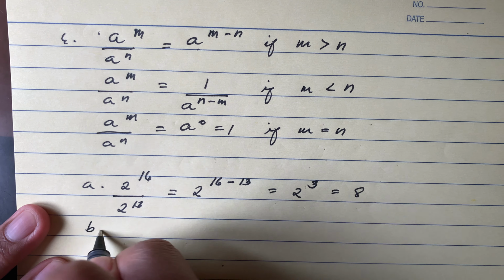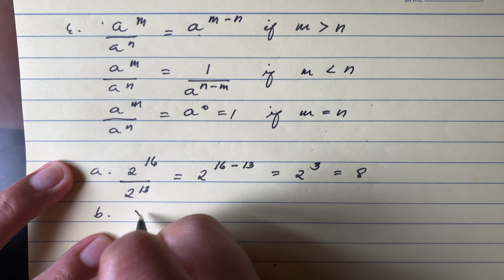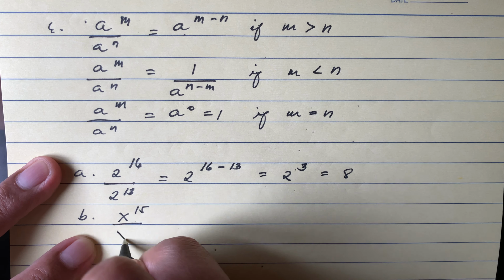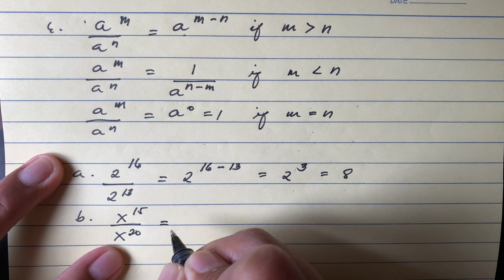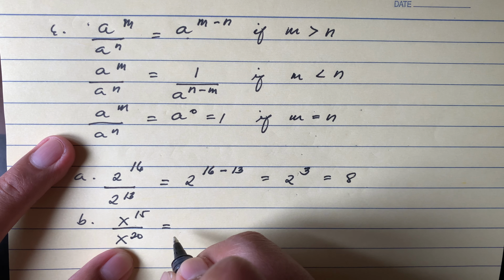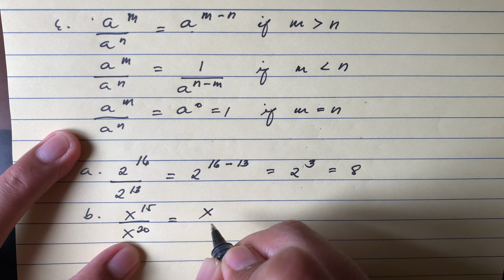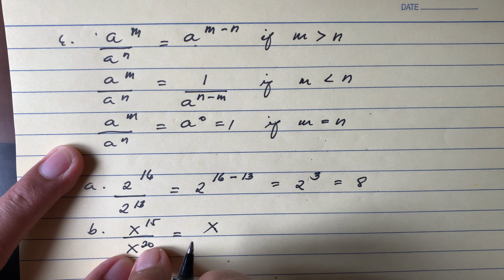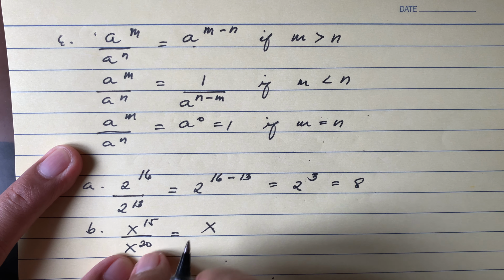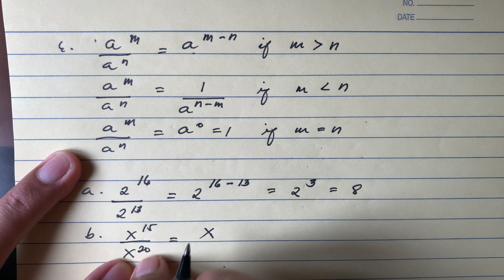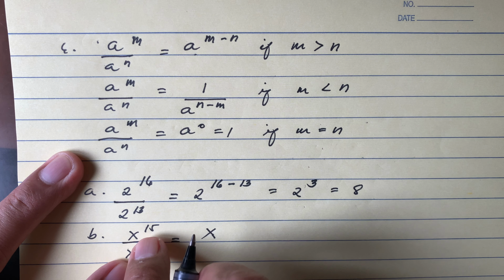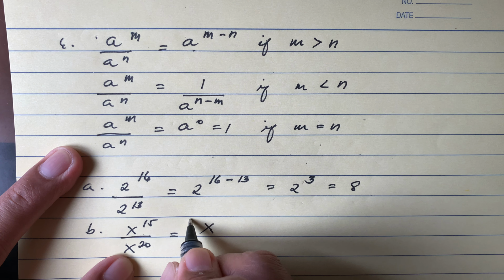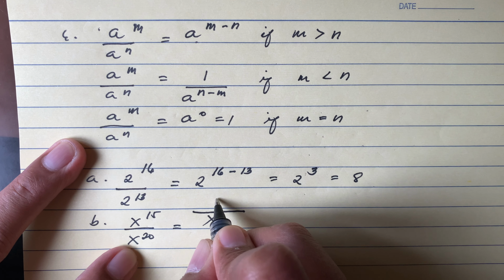Okay, let's have the next. Let's say we have x raised to the power of 15 all over x raised to the power of 20. You just have to copy your base x, but take note, your exponent in your denominator is greater than the exponent found in your numerator, right? So what are we going to do then? You need to have a numerator of 1.